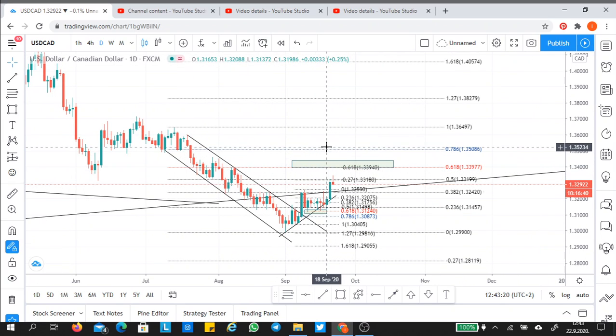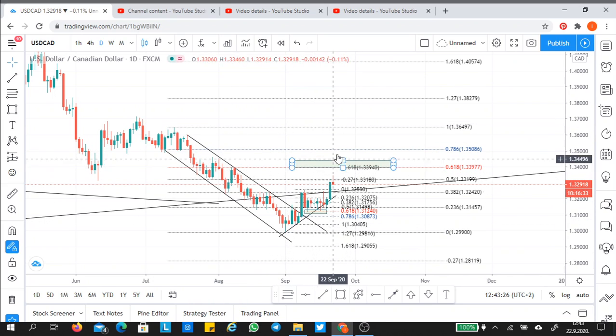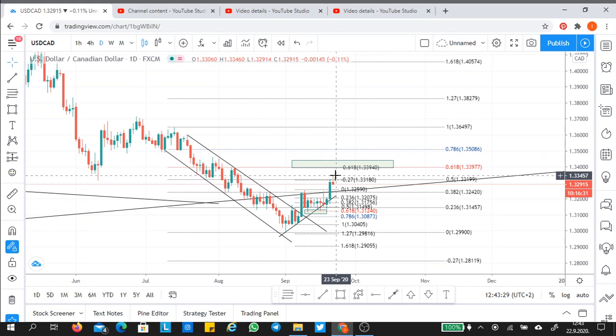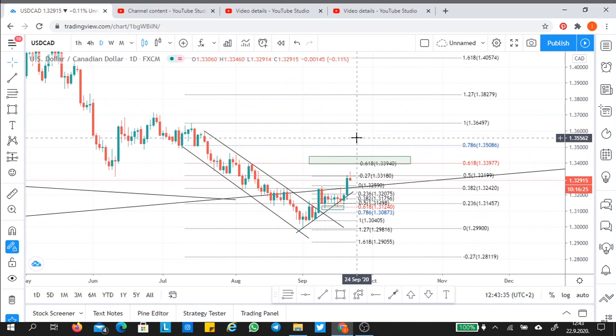We will see how the market reacts on these levels. So between the 78.60 and 61.80 retracement from the last impulse move down, we see how the market reacts on this level. If the market stops, we'll find the counter trend line.